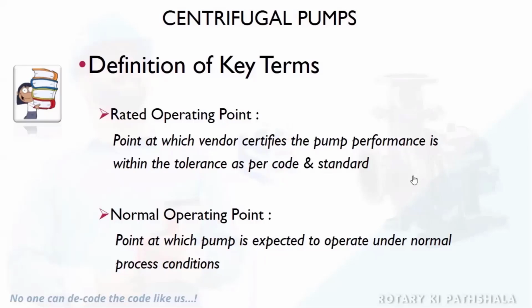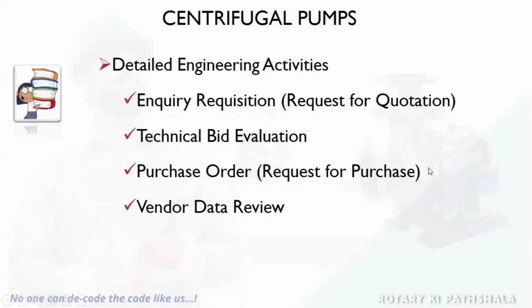Because by mistake there was a misunderstanding of the term, and you asked the vendor to give the guarantee at the normal operating point, whereas as per the code and standard, the rated operating point is to be the guarantee point. So that's why the definition and the importance of the terms should be clear to everyone. Now we come to the detail engineering activities.